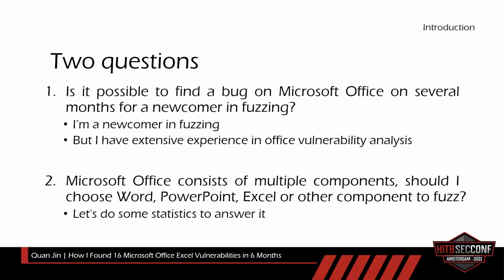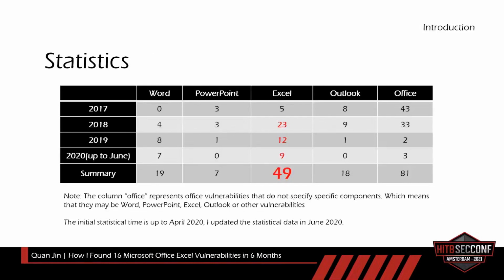To answer the second question, I counted the Microsoft Office CVE numbers and their distribution from 2017 to 2020. The initial statistical time is up to April 2020, and I updated the statistical data in June 2020. Here are the statistical results up to June 2020.